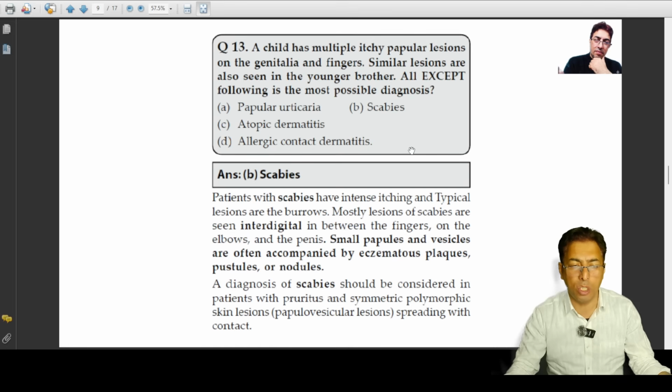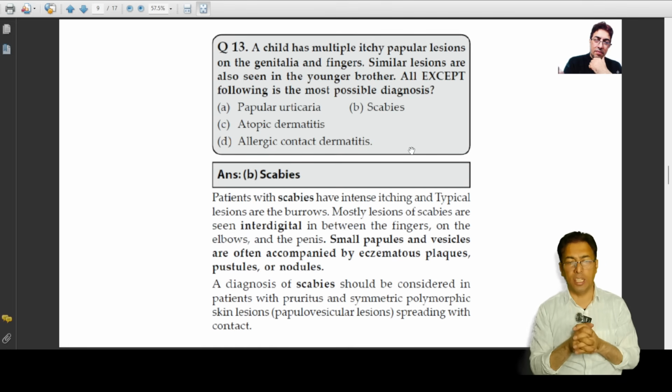As far as this question is concerned, this is a classical case of scabies, and patients with scabies have intense itching and burrows, and the interdigital areas are usually affected. There are papules, vesicles, eczematous plaques and pustules.